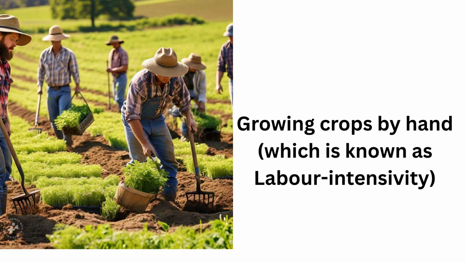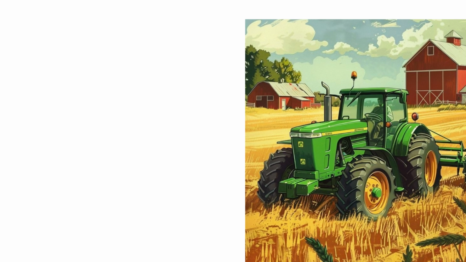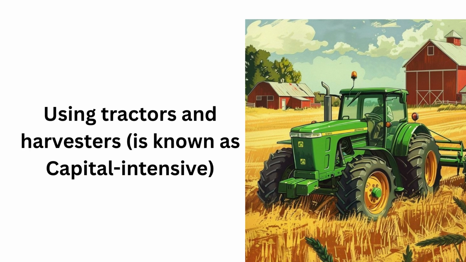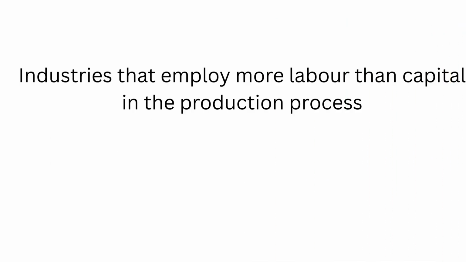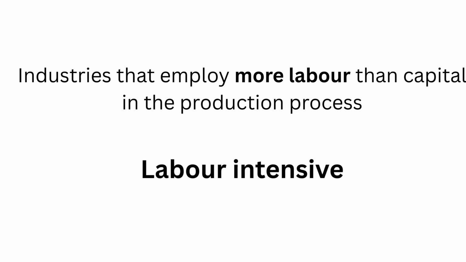For example, growing crops by hand is known as labor intensive, while using tractors and harvesters, on the other hand, is known as capital intensive. But our statement says industries that employ more labor than capital in the production process. Keyword, more labor than capital, which is why we say it is labor intensive.